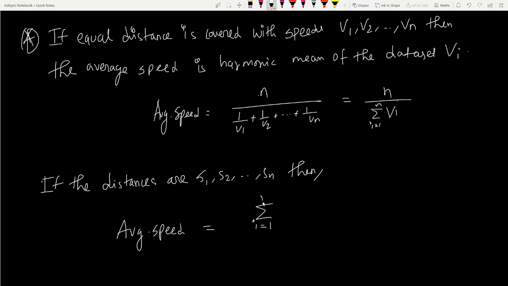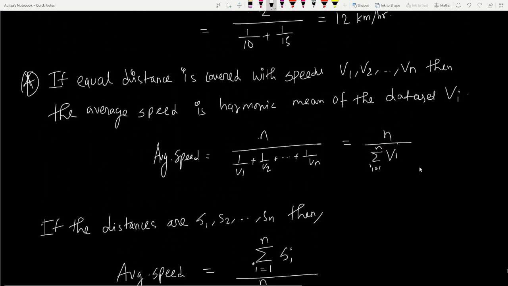So summation of i equals 1 to n si divided by summation of i equals 1 to n si by vi. This is the answer. So the harmonic mean is very much useful in a lot of cases, including this one, and we understand the value of it right now.